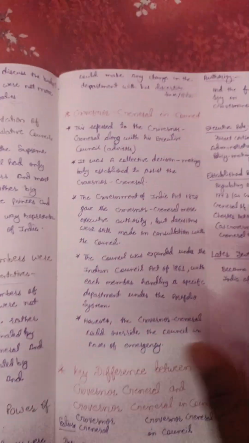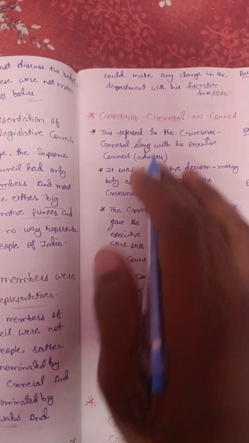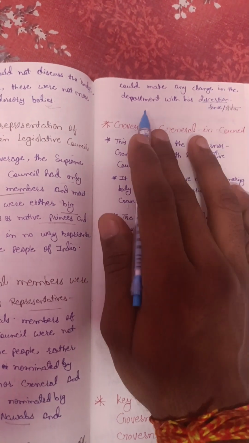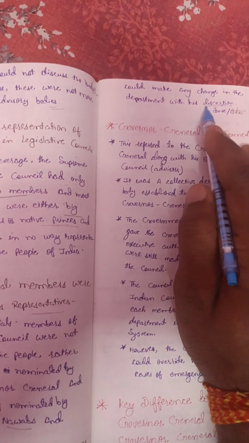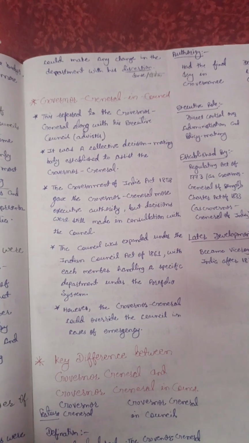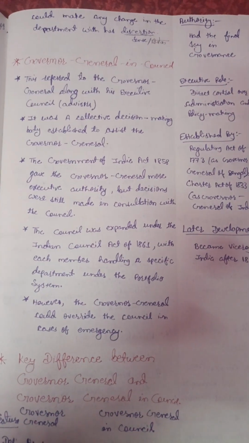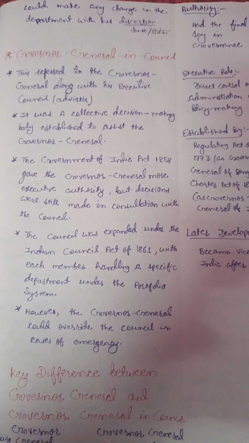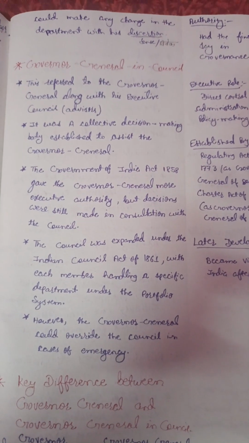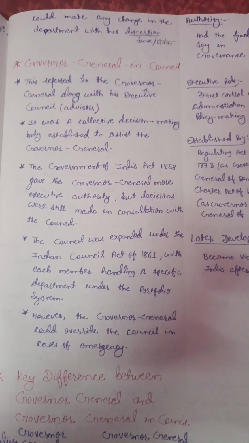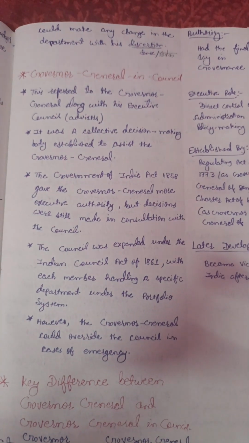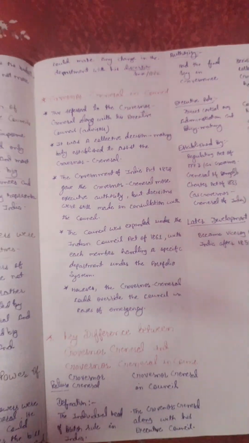Also, he could make changes in the departments on his own understanding only, without taking the advice of the councils and without discussing those issues. He could take decisions on a particular matter by himself. So very unlimited powers were given to the Governor General.